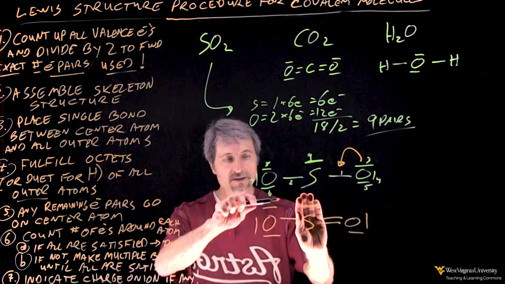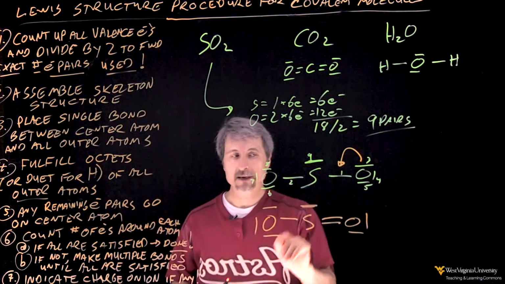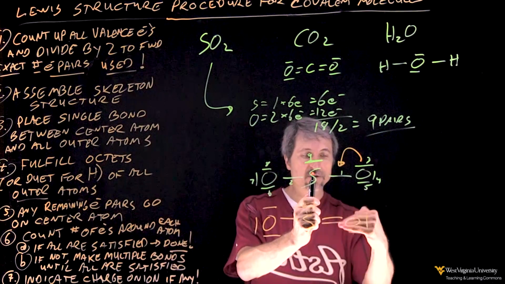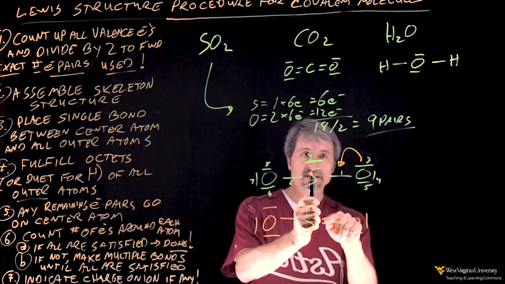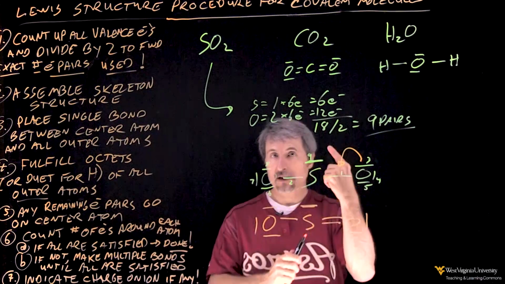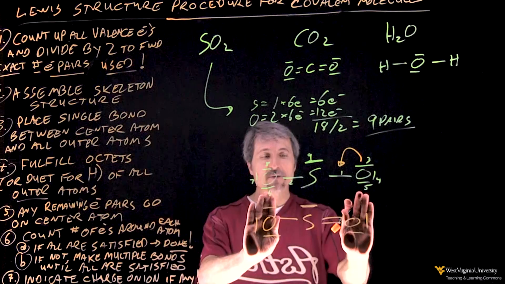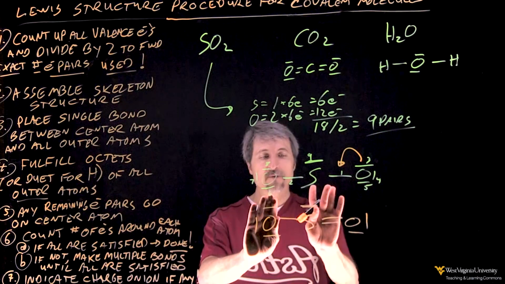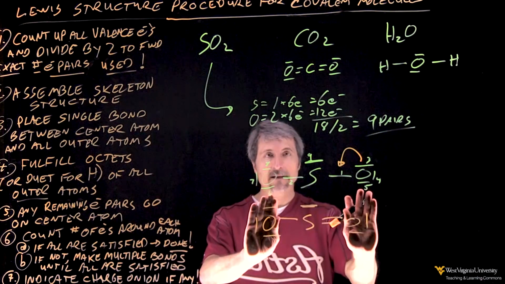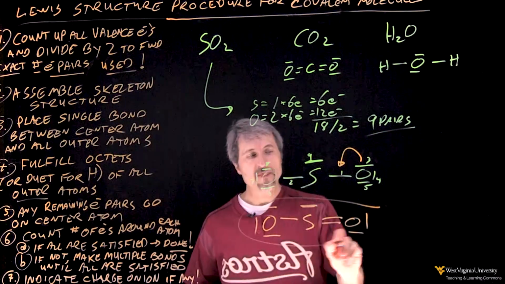This oxygen still has 2, 4, 6, 8, right? This oxygen now has 2, 4, 6, 8. It's sharing not 1 electron pair, but 2. And now this center sulfur has 2, 4, 6, 8. That's it.